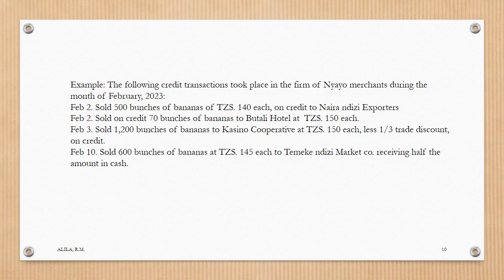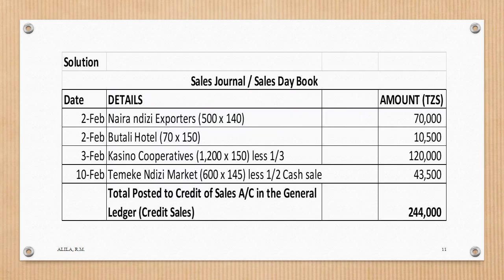February 10, sold 600 bunches of banana at 145 each to Temeke Ndizi Market Company, receiving half the amount in cash. As we know, the sales journal records the sales on credit. So on February 2, we make a sale to Naira Ndizi exporter, 500 times 140, that amounts to 70,000.